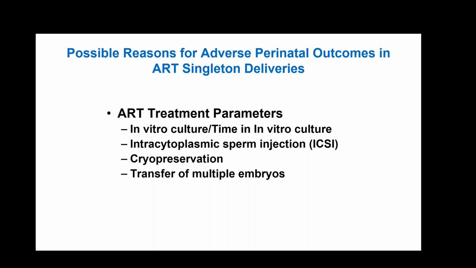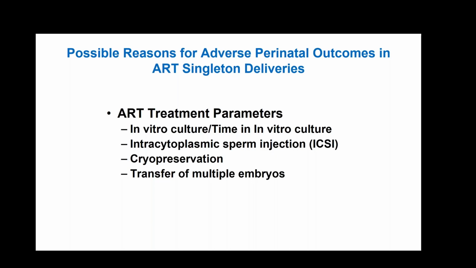Intracytoplasmic sperm injection, or ICSI, about which concerns had been raised regarding the injection of the sperm into the egg as bypassing normal physiology. Cryopreservation, which involves that the embryos be subjected to both the cryoprotectant chemicals and extreme cold, as well as extended periods of storage, and the continued transfer of multiple embryos.